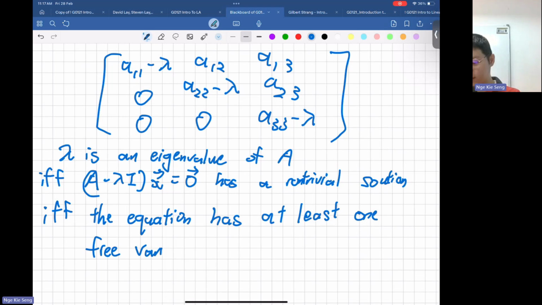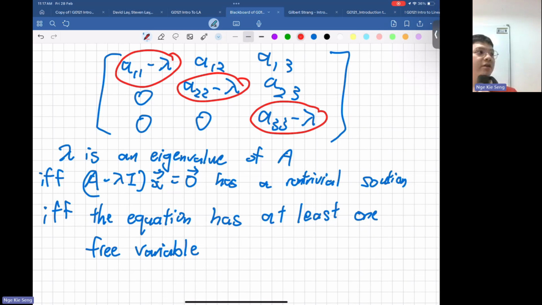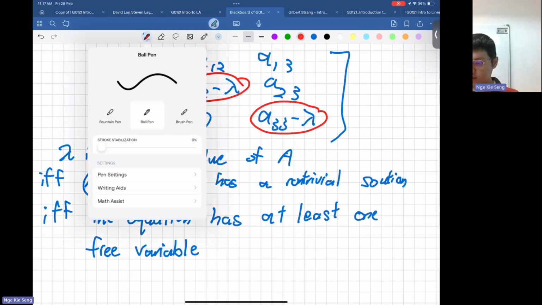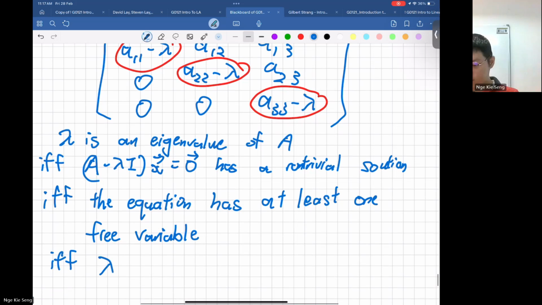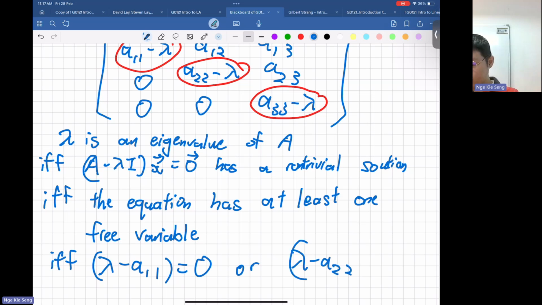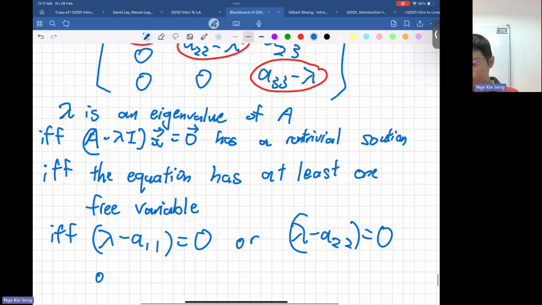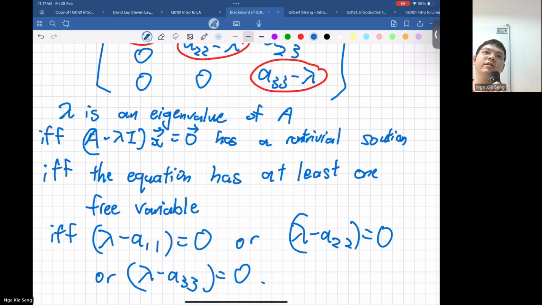But what do you see here? These are all the leading entries. So meaning what? If and only if lambda minus A11 equals 0, or lambda minus A22 equals 0, or lambda minus A33 equals 0.